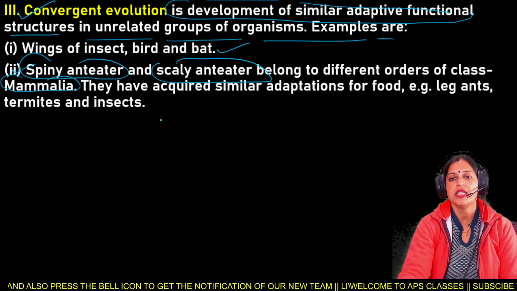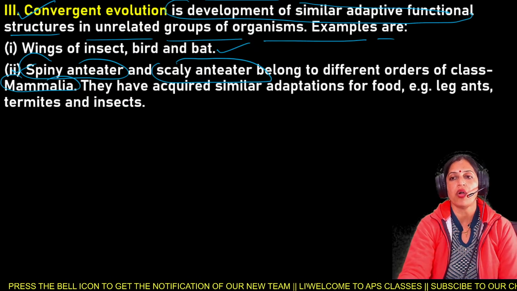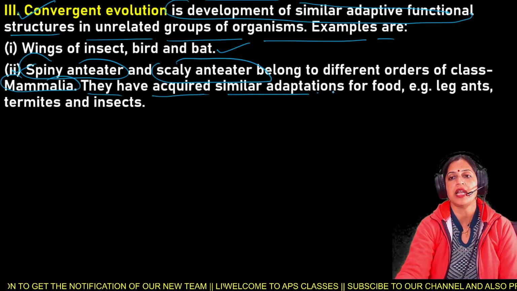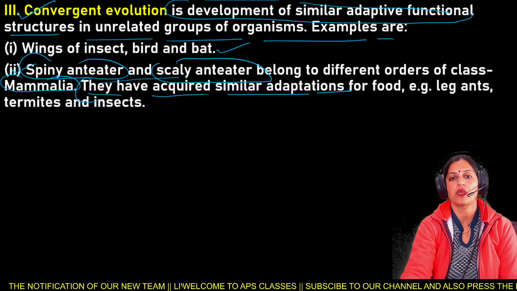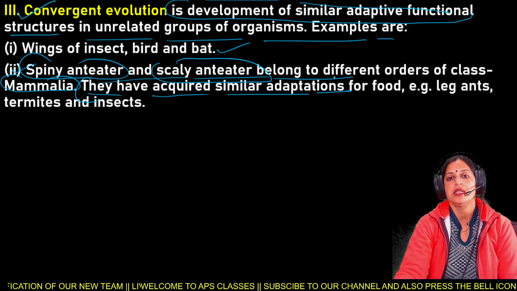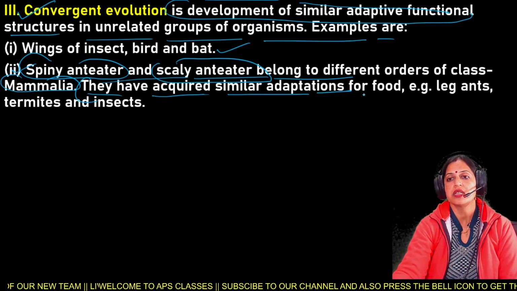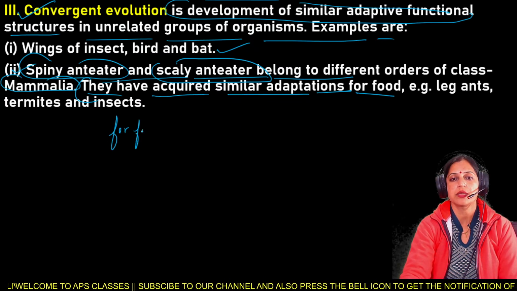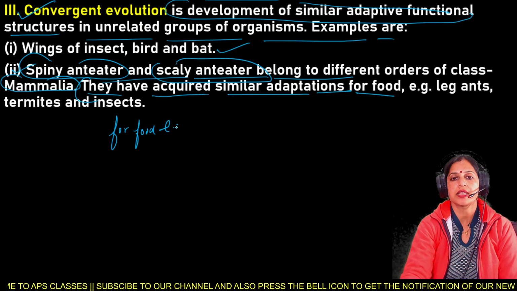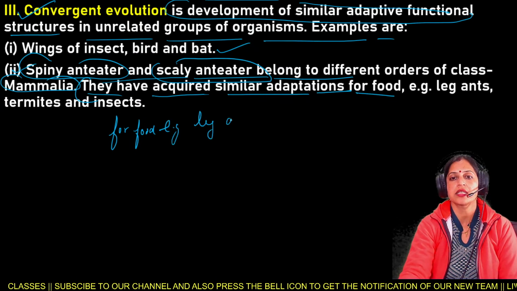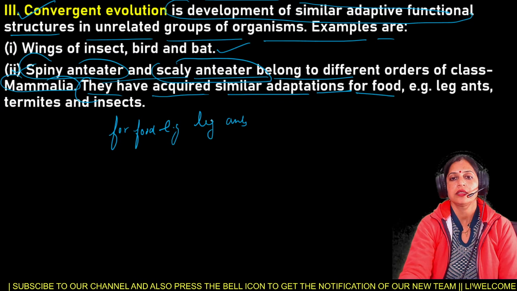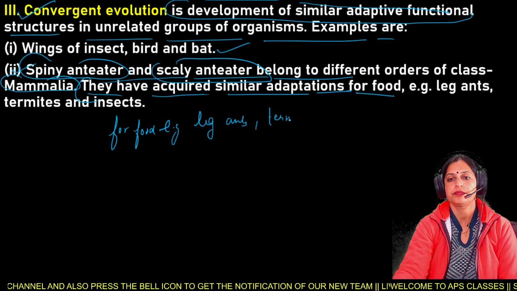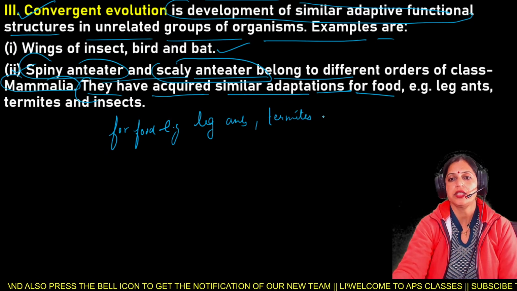They have acquired similar adaptations for food. Example: ants, termites, and insects.